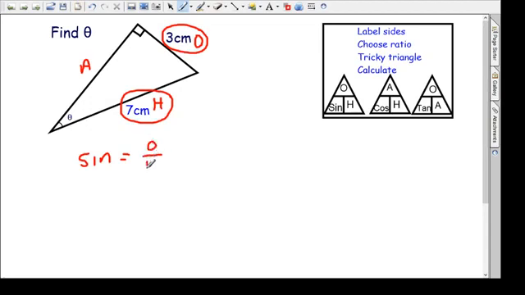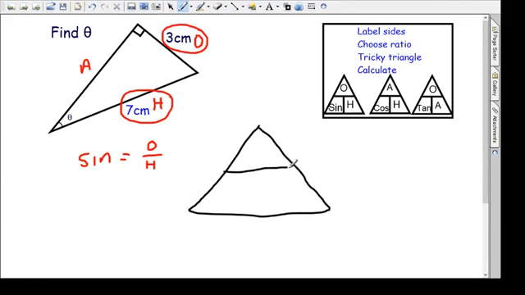Let's just jot that down as a little aid to remind us. And we're going to fill in our tricky triangle. So got sine is O over H. Okay, so this time, don't forget the angle is always down in the bottom left.